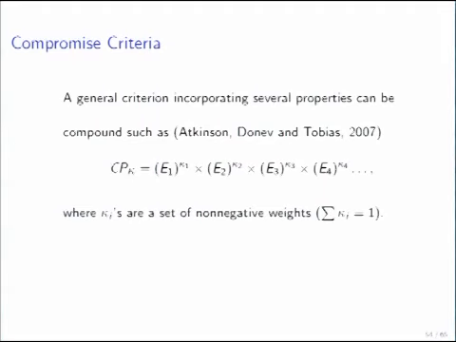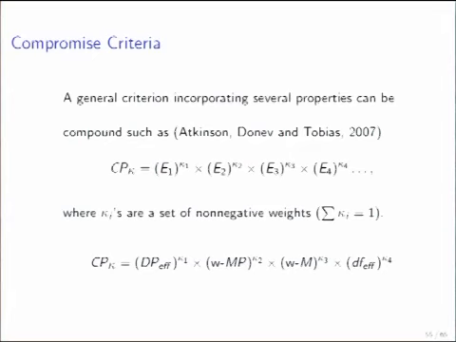So these weights add to 1. In our case, let's call A1 the DP efficiency, A2 the MP efficiency, A3 the M efficiency, and A4 the degrees of freedom efficiency.